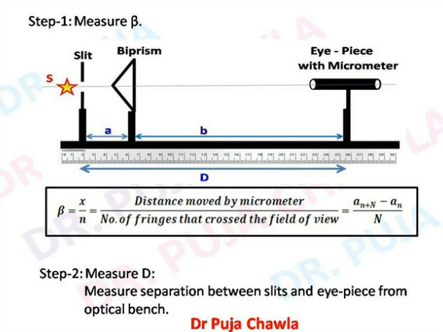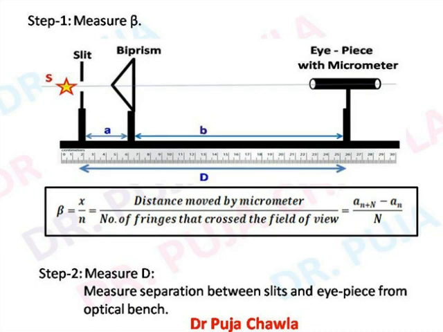Now this eyepiece is fitted with a micrometer. That means I can set it at any particular fringe. Suppose I set the micrometer on the 1st fringe and note the position of the 1st fringe.